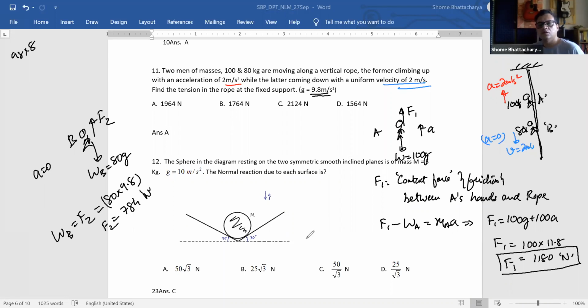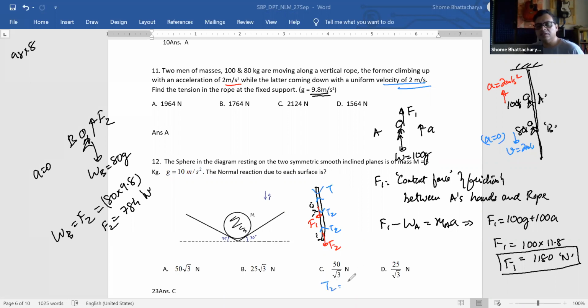So this is F2. Now think of the rope. Where A is present at that spot, A is pulling down the rope with a force F1, and where B is present, he is pulling down the rope with a force F2. So you'll realize that the tension in the rope, assuming the rope is massless, in this region, let's say this is T2, and the tension in the rope in this region, that is T1.